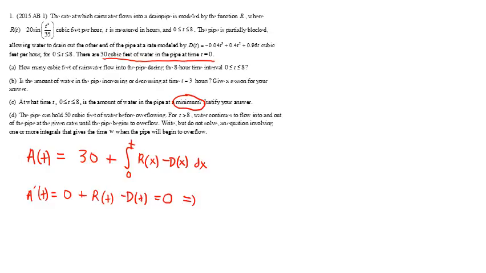Okay, and what that gives me is that r of t is equal to d of t whenever the critical point is going to happen. So in order to solve that equation, I have to use my calculator. So you need to go to the graph. You probably want to change your window range to 0 to 8 on the x-axis, and then see if you can find the intersection point.